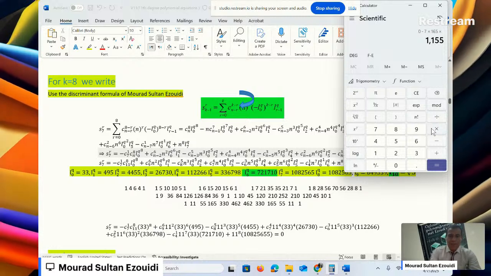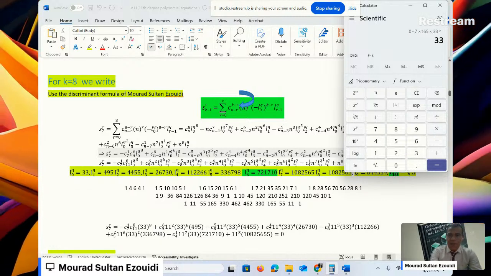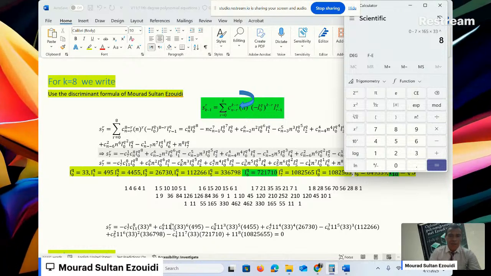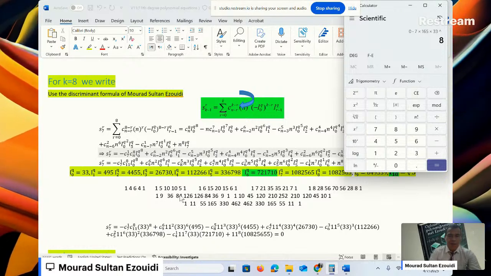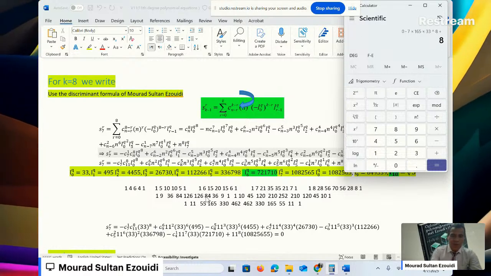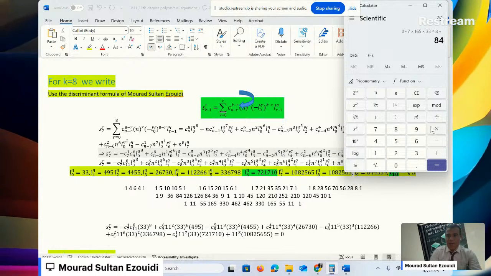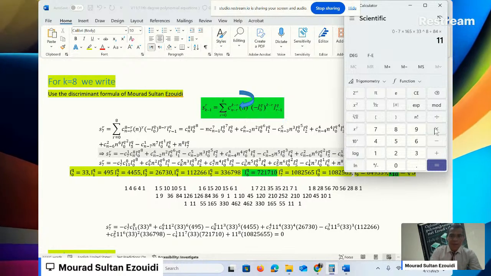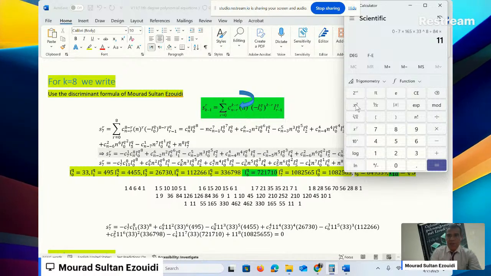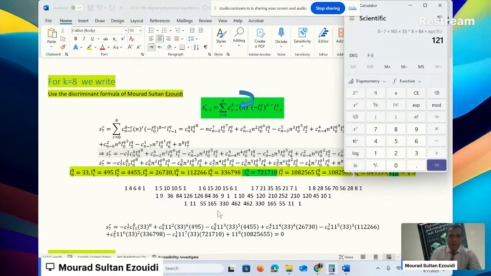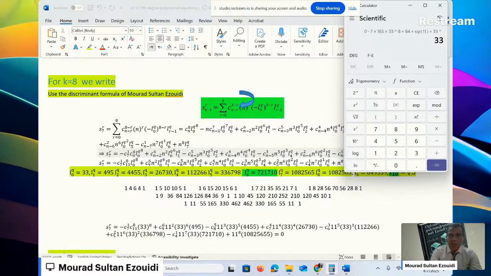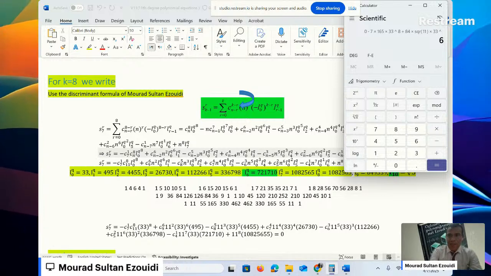Multiplied by 33 raised to the power 8. Okay. Plus 96. 1, 2, 3, 4, 5, 6. Plus 84. Multiply by 11 raised to the power 2. Means this 2. Okay. Multiply by 33 raised to the power 6.